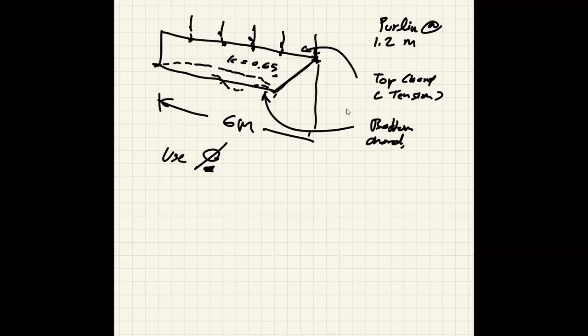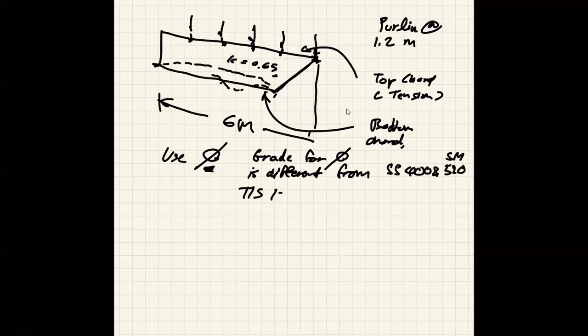Okay. And be careful that the grade for the tube is different from SS400 and SM520. Okay, they have like TIS 107, which has like FY equal to 2400, and then they have some other things. You know, they have like 3 grades, but I don't remember them all.